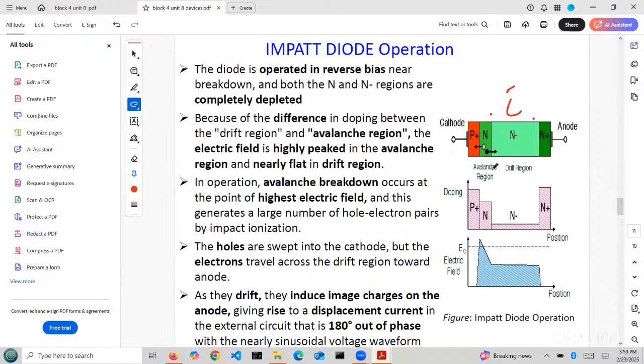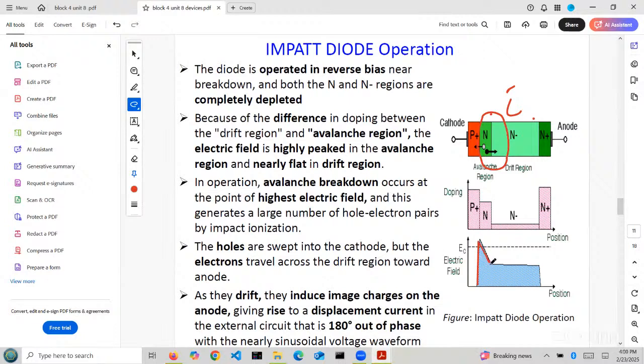Initially, P plus N is forward biased. If it is forward biased, what happens to the electric field? The field increases. Initially, P plus N or N plus P, both are forward biased, so the electric field is increasing. When we come to the N drift region, the electric field has to decrease.